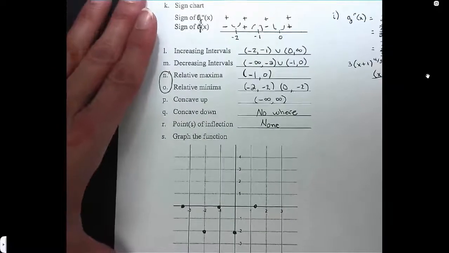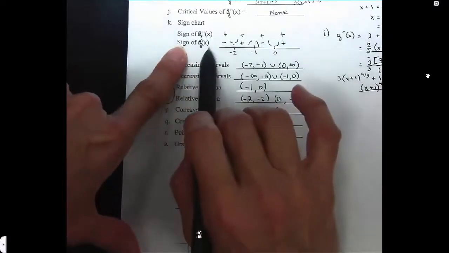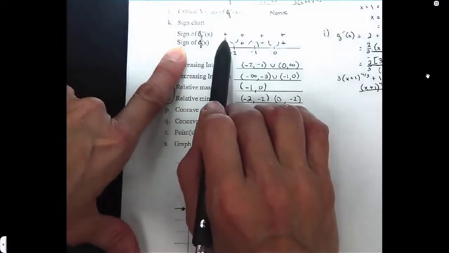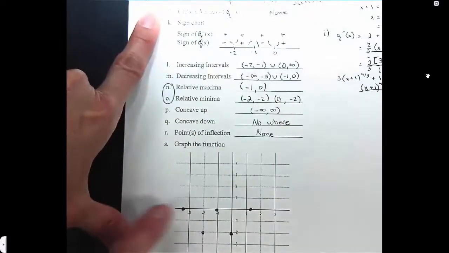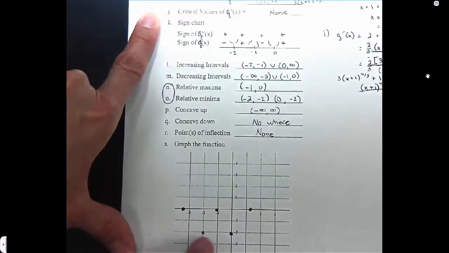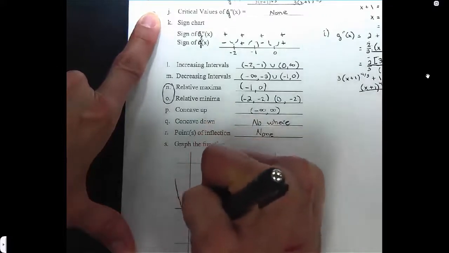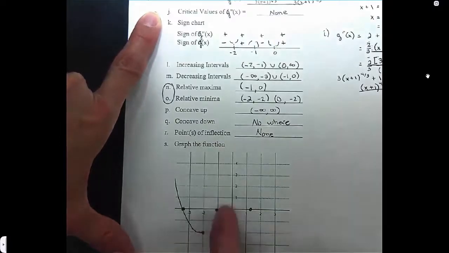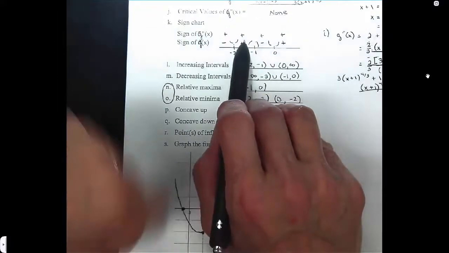Now, I'm going to look at the sign chart as I hook up these points to make sure I have the concavity right. From -infinity to -2, it's supposed to be decreasing and concave up. So decreasing and concave up from over here all the way to here. From -2 to -1, looking at my sign chart, that's supposed to be increasing and concave up.